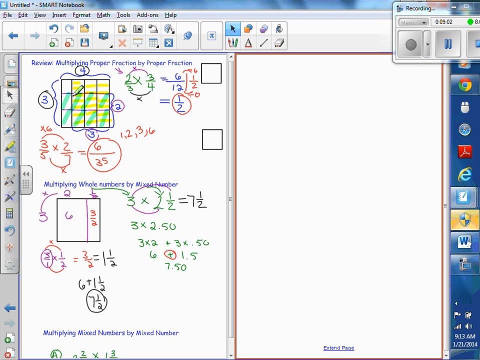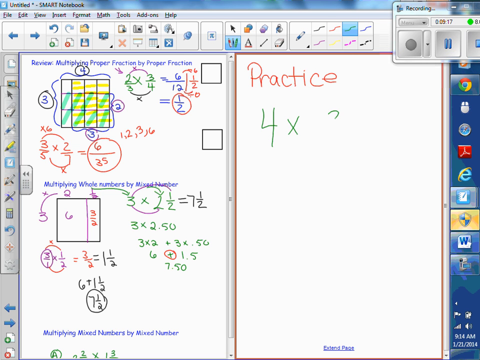And we're going to practice, let's say, 4 times 3 2/3. Remember, when you multiply, you have to multiply the 4 by both parts.